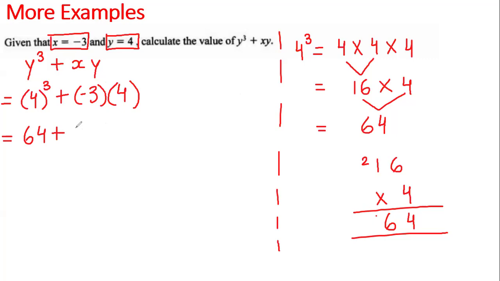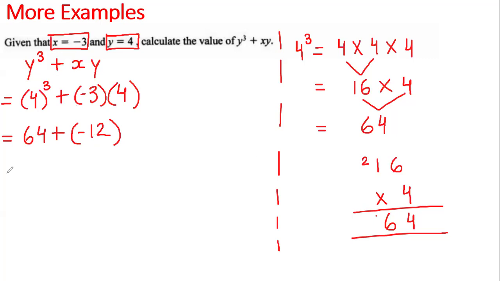Because a negative times a positive is still a negative. Some people may ask, where is the multiplication sign? When they are adjacent to each other, what does that mean? Multiplication. That's what that means, all right?